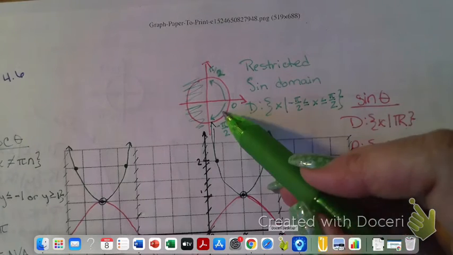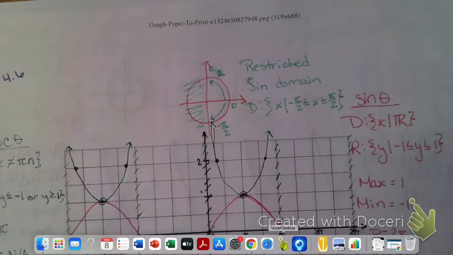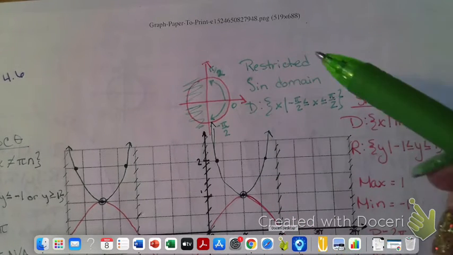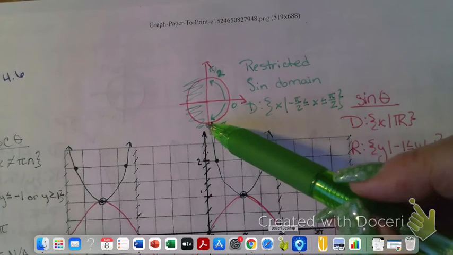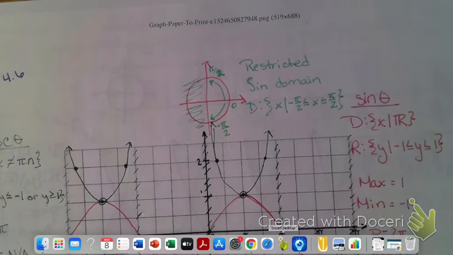Because that's all I've said exists, isn't it? Now, is the range still negative 1 to 1? Yeah, the range is still negative 1 to 1 because I didn't take anything out.